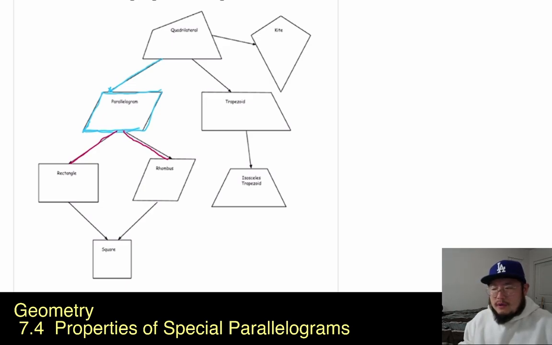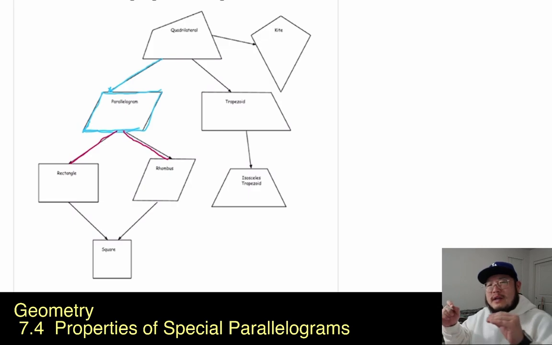Now, is everything a quadrilateral with its four sides? Yes. So everything that's listed underneath the quadrilateral, the trapezoid, the kite, all happens to be quadrilaterals. But are all quadrilaterals parallelograms? Well, no, because the quadrilateral branches out to the parallelogram, the trapezoid and the kite.